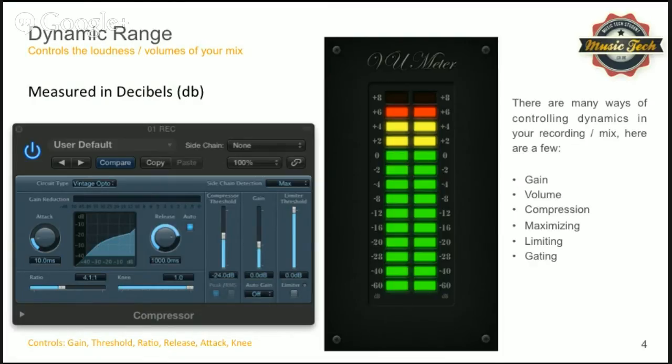Now, if you want your recordings to sound perfect with headphones and small speakers and large speakers, we do use a lot of limiting, but we limit to 0 dB.